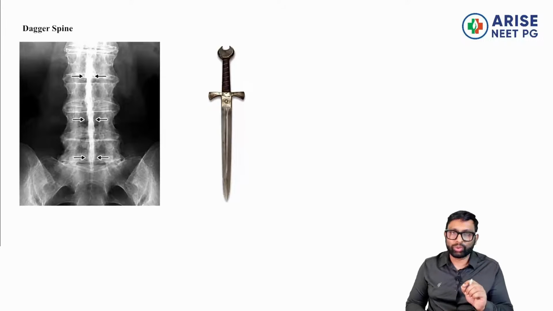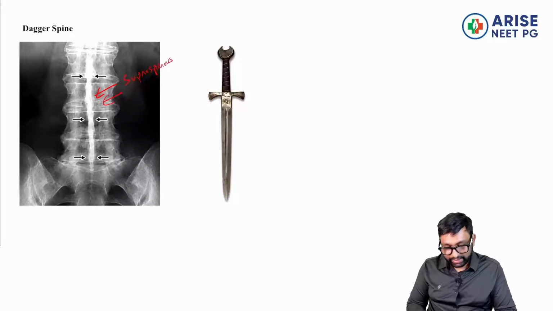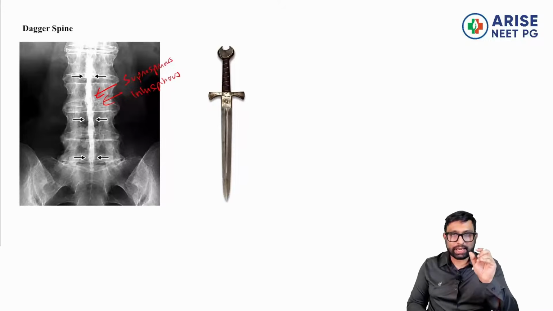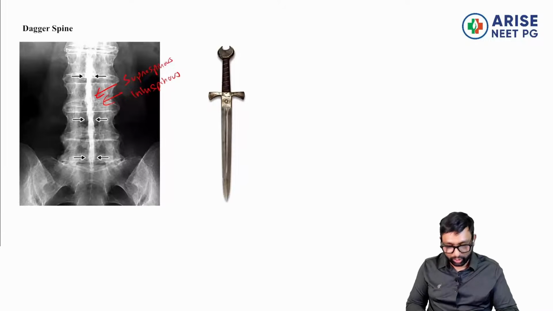Another feature that you will notice is even the supraspinous and interspinous ligaments end up becoming calcified, and when they calcify, it looks like there is a dagger that is kept on the back.